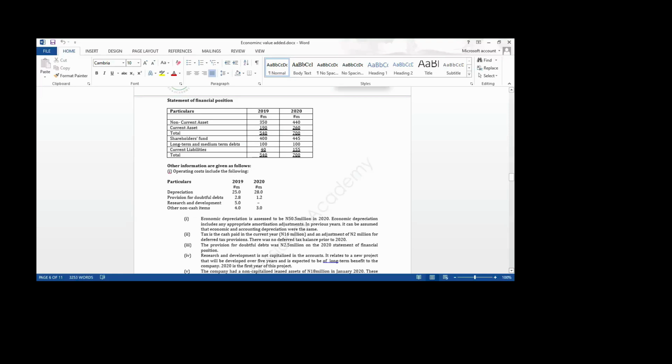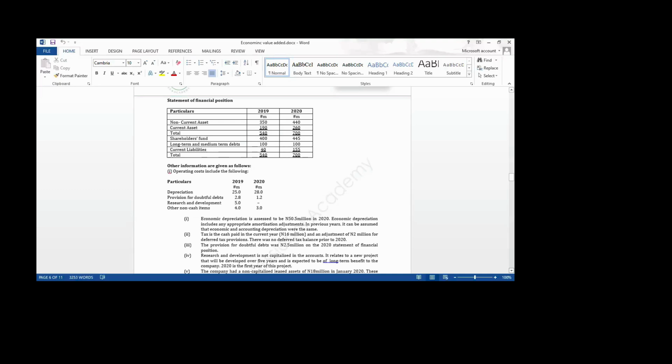In previous years, it can be assumed that economic depreciation and accounting depreciation were the same. But in 2020, accounting depreciation is different from economic depreciation. Please note that.